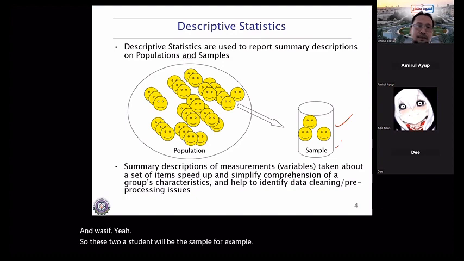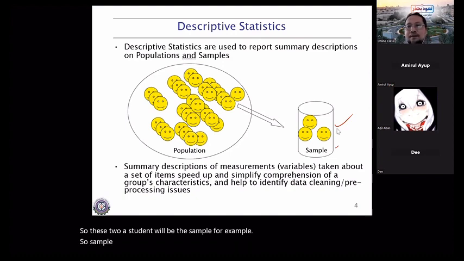So a sample is when we take some students, for example here, I take Akil, Wasif, and Iqbal.